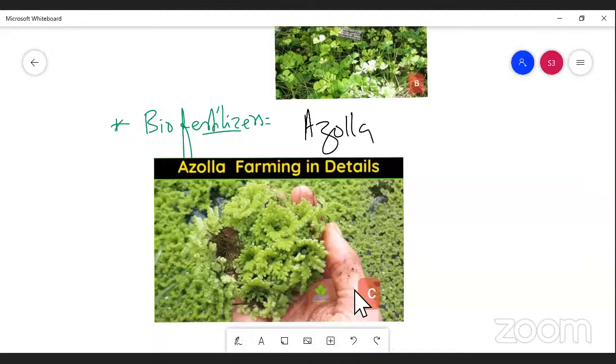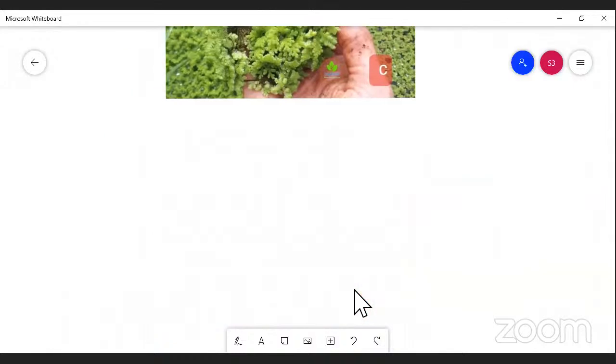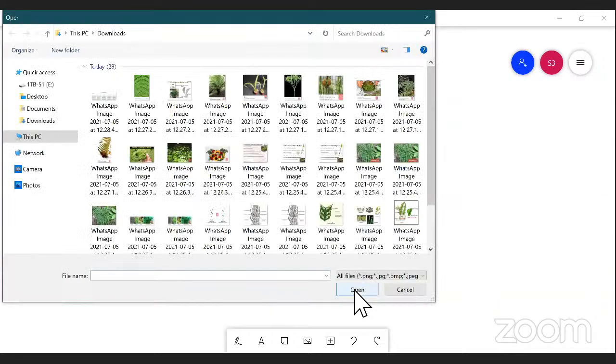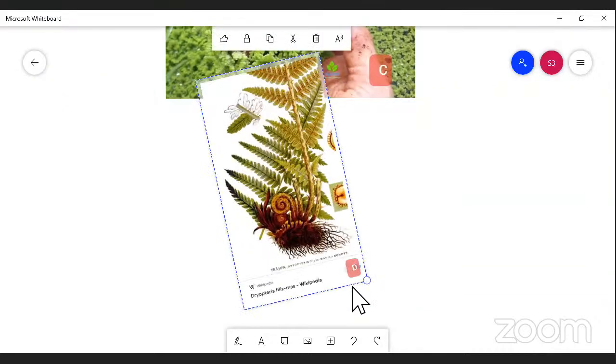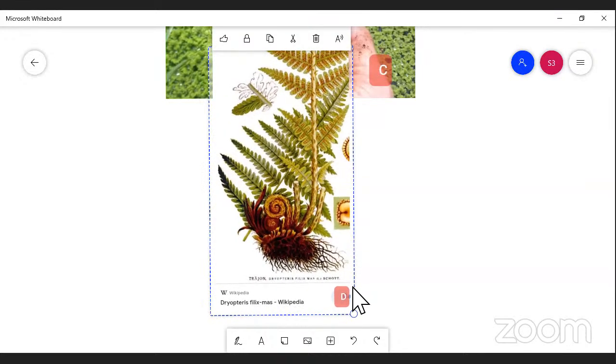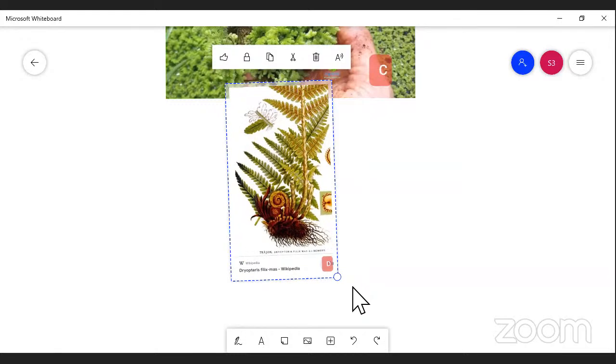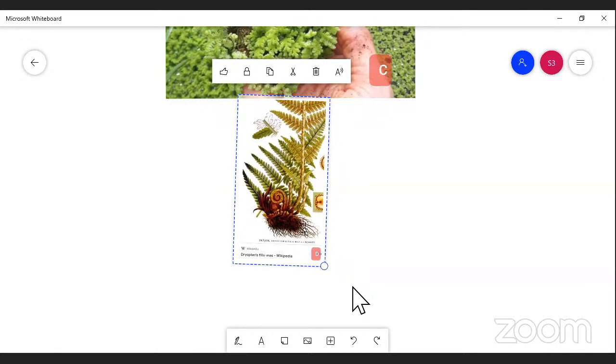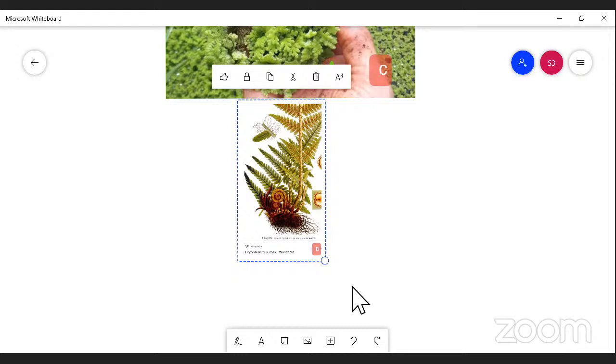Next we pass on to one more plant, the male fern, Dryopteris filix-mas. It is a plant used in the treatment of tapeworm, my dear students.